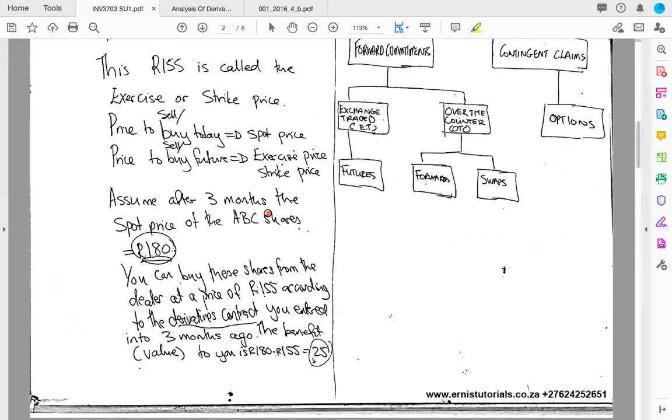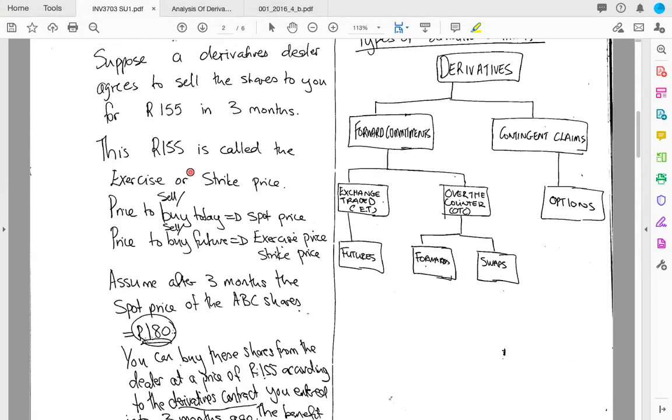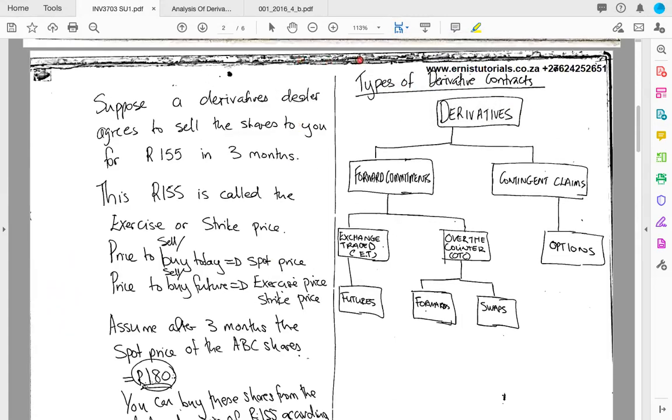Okay, so this is an example just illustrating how a derivative contract could actually be beneficial through a simple example here. The example says, suppose a derivatives dealer agrees to sell shares to you for 155 Rand in 3 months, right?